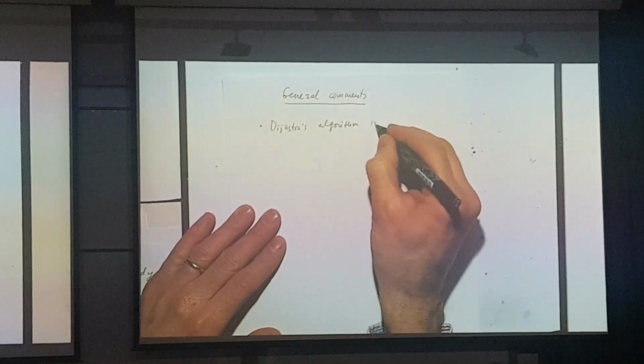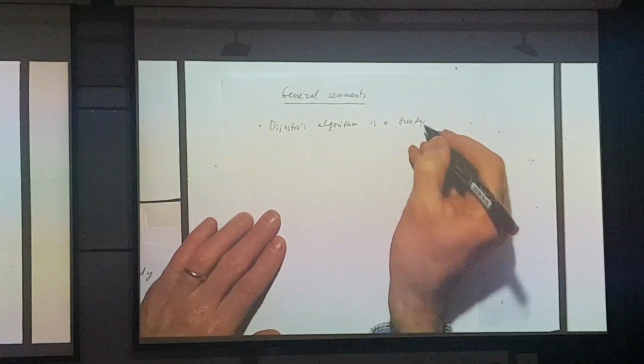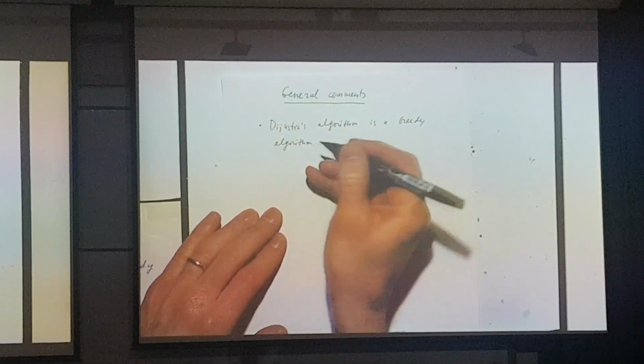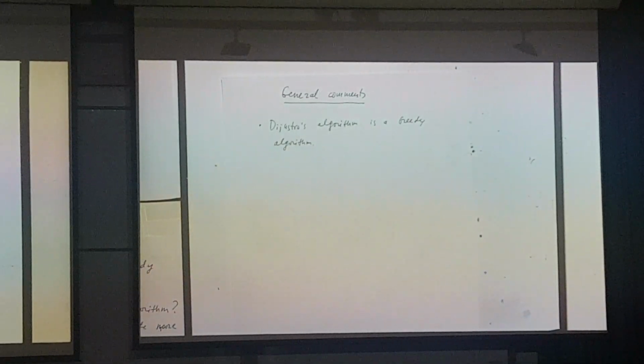The algorithm is a greedy algorithm, which essentially means that it utilizes a certain local strategy. So whatever is available at the moment you're doing the iteration, you go for some smallest value.